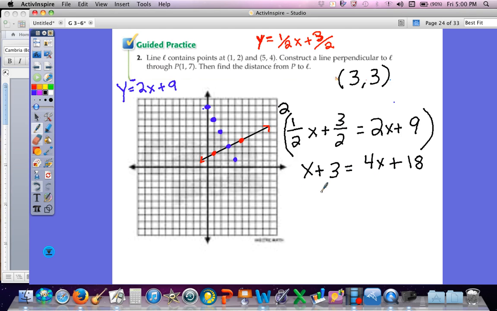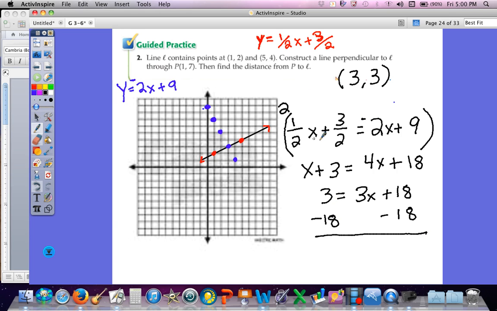I'm going to subtract x from both sides. Sorry, I did something wrong here. I get 3 equals 3x plus 18. No, I did something wrong here, because I can see that my point of intersection is 3, 3. So let's back up. Oh, you know what? When I did this, I knew this was going to happen.